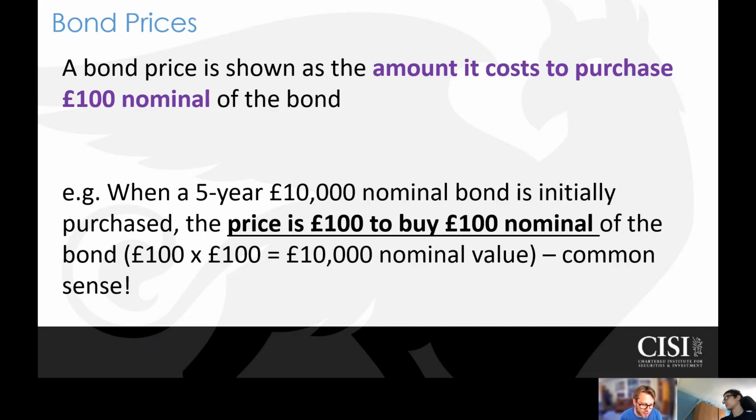When you trade them, the bond price may be higher or lower than the nominal value of that bond. And as Simon has said, it's interest rates that can have an influence on that. Simon had said that bond prices are quoted as the cost per £100 nominal. And generally speaking, when it's first issued, it will cost you £100 to buy £100 of that bond.